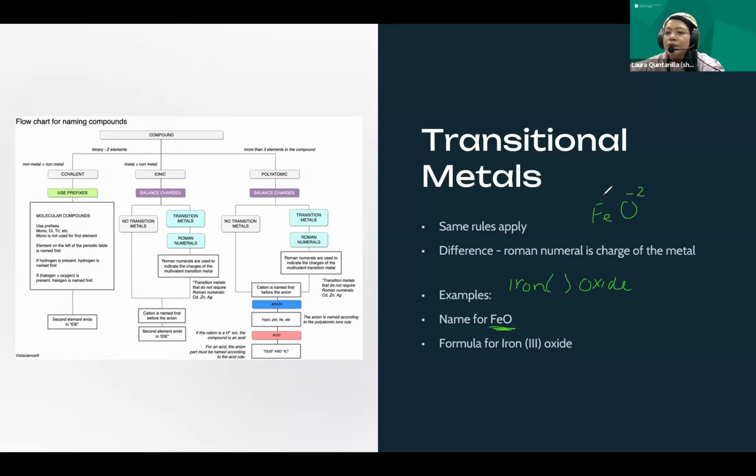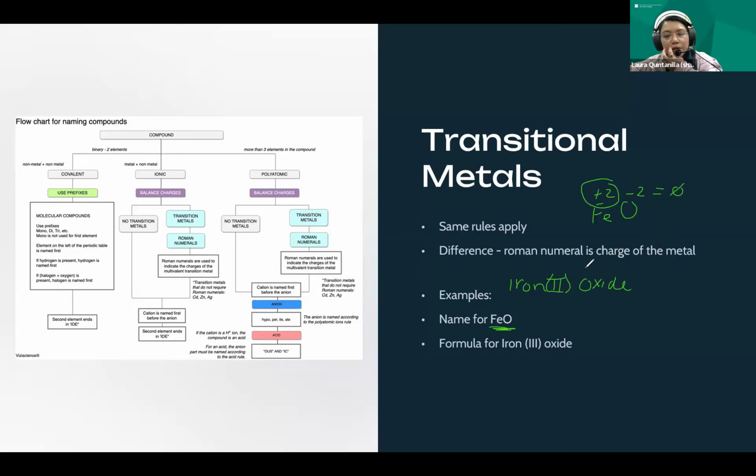And you want to ask yourself, what does iron need to be so that together I get a 0? The only answer is +2. Iron has to be a +2. Since we know the charge now, that's what's going to go into the Roman numeral. So this would be iron(II) oxide for the name of your compound here.